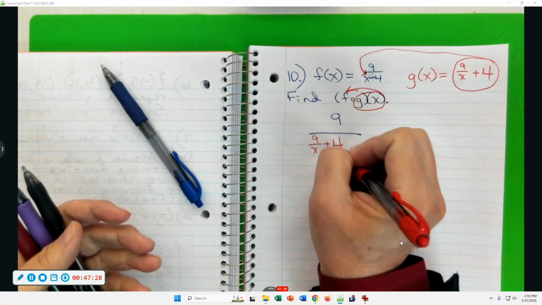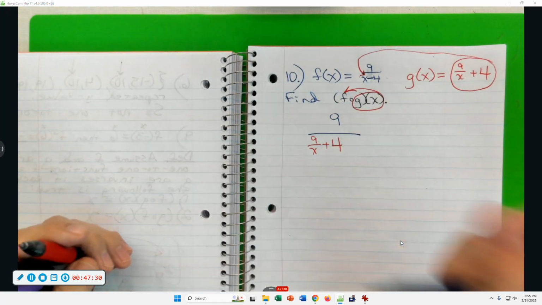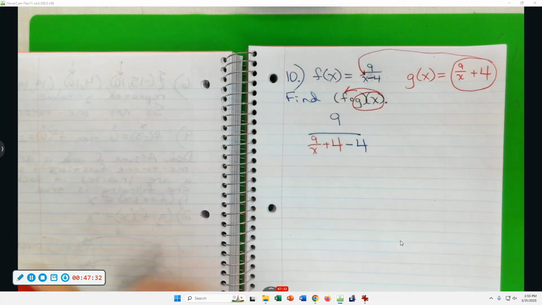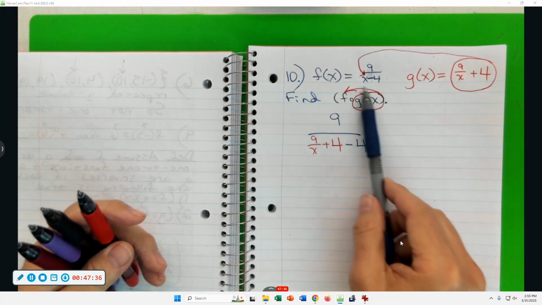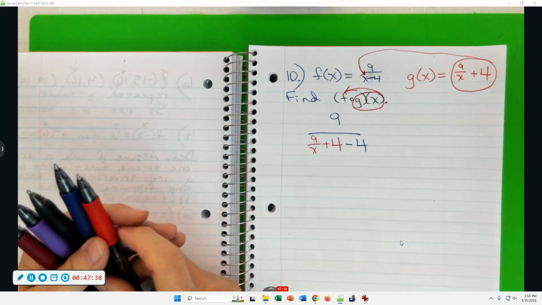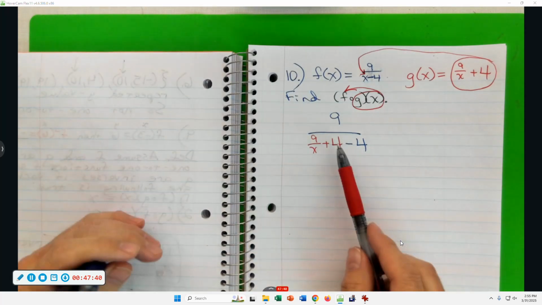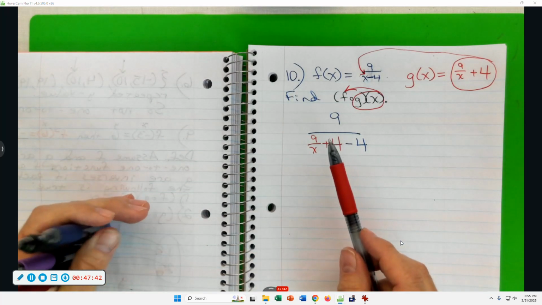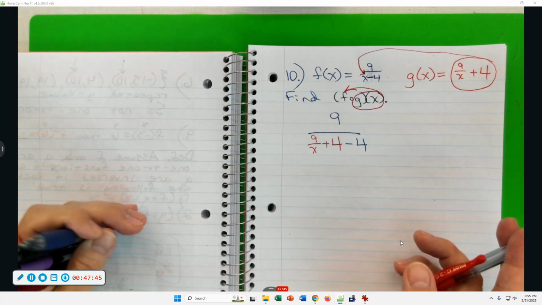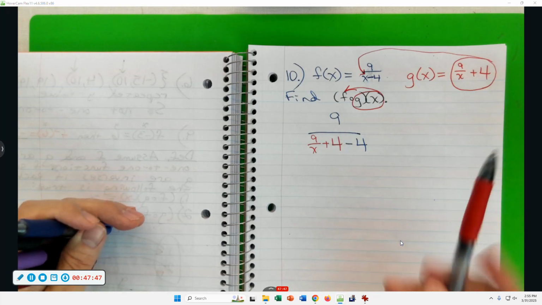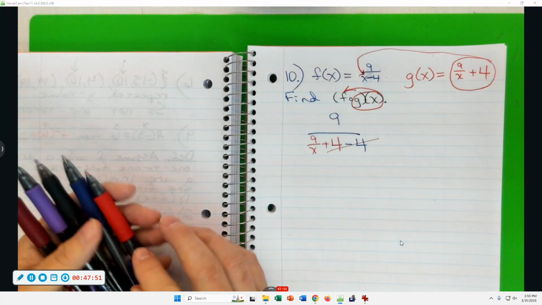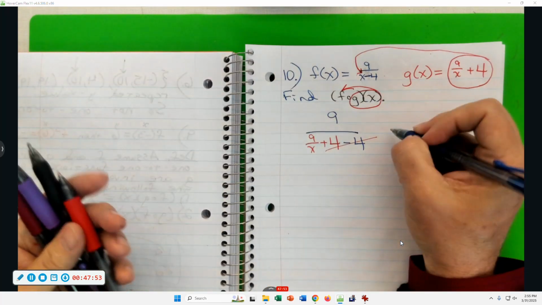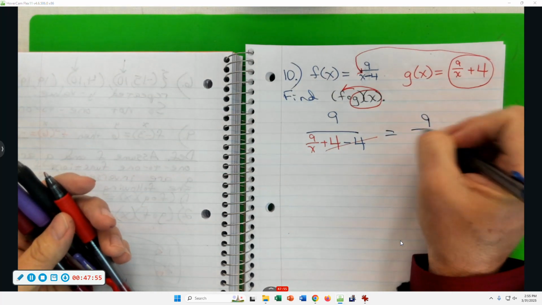And we still have that minus 4 stuck on there. If they're inverses, everything's going to cancel out except for x. One thing's disappearing right off: 4 minus 4.